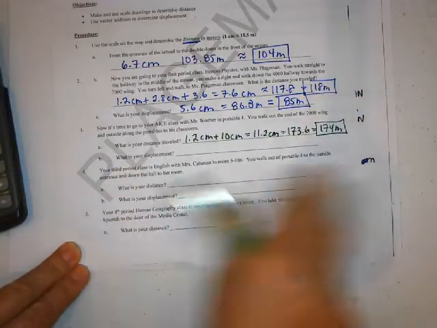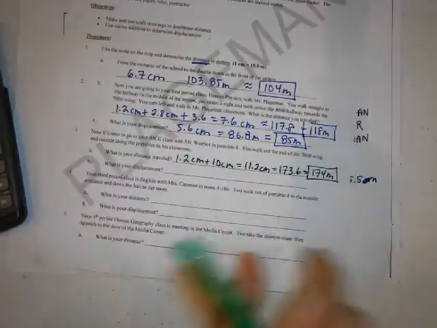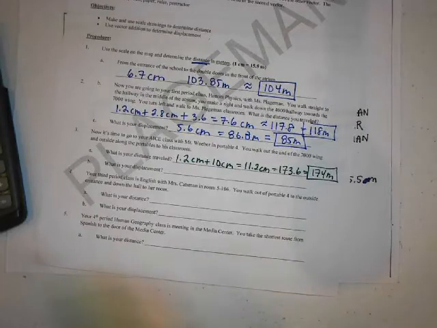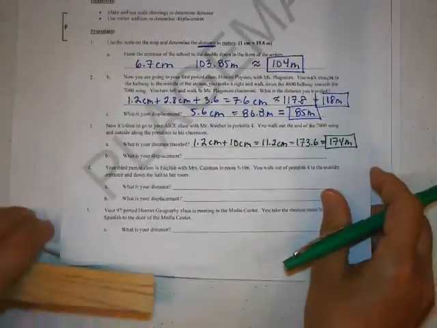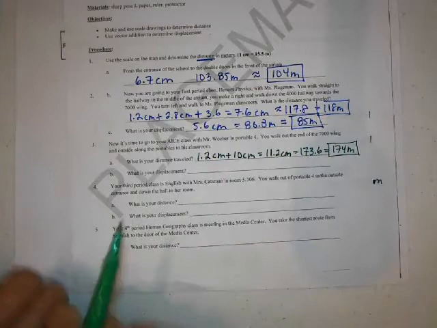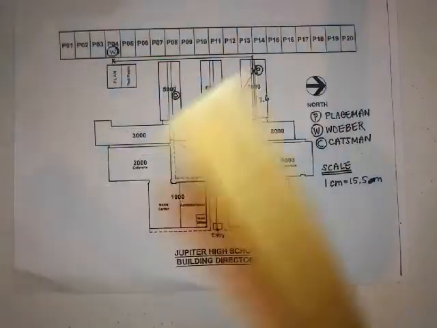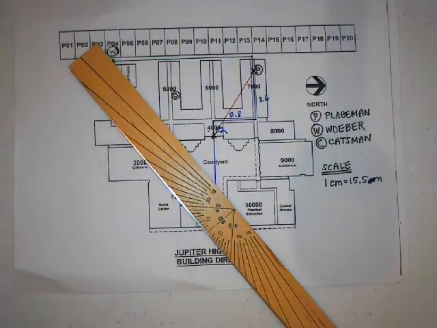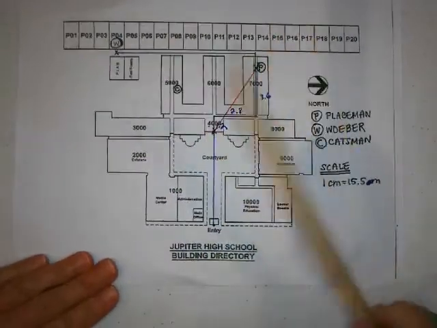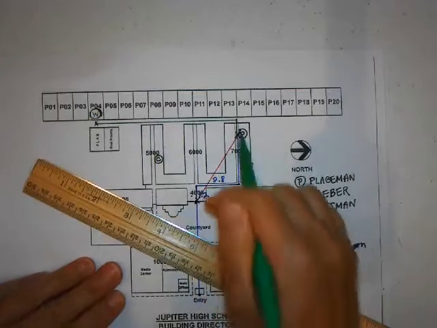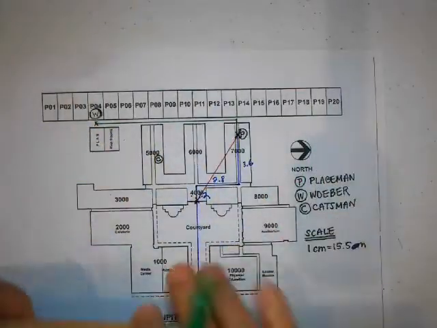What is your displacement? So the displacement, again, is going to be from where you start to where you end up. So now, when we look at it, this is where I start, this is where I end up.